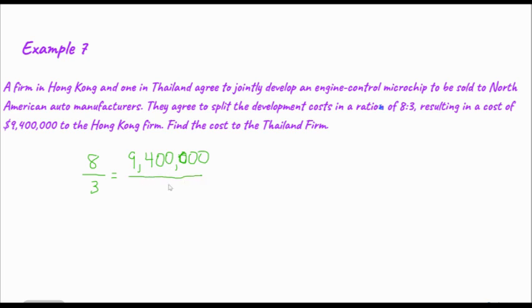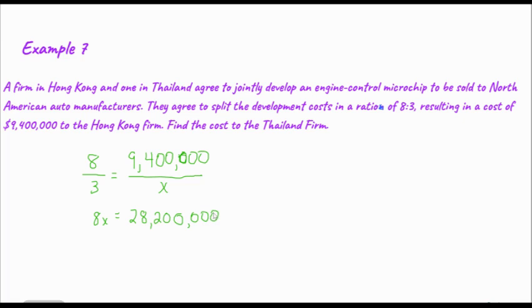And then we're looking for how much the Thailand firm costs. So cross multiply, we get 8x equals 28.2 million. So 28,200,000.